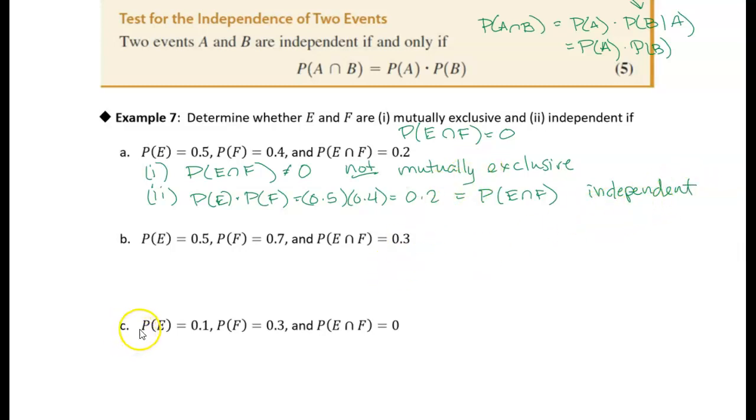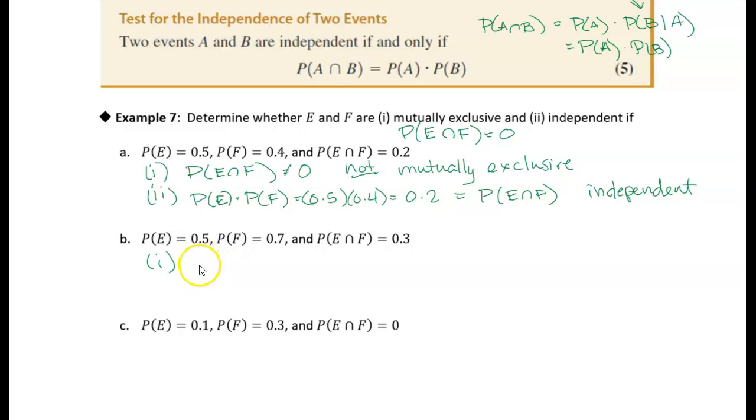Okay. So that's essentially what we're going to do. We're just going to use those two tests for mutual exclusivity and for independence. All right, so the same thing here. We just want to test first. If we want to test whether the events are mutually exclusive, we just need to look at the intersection of those events.